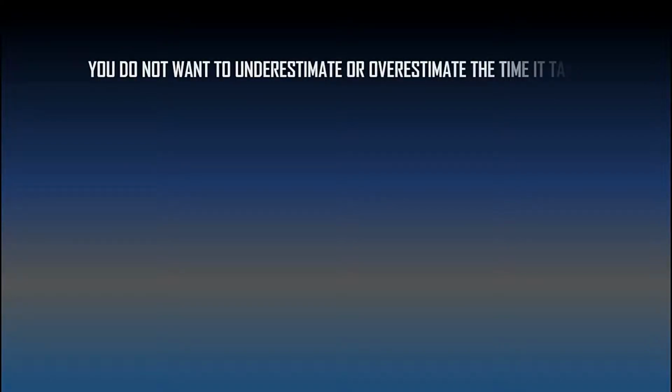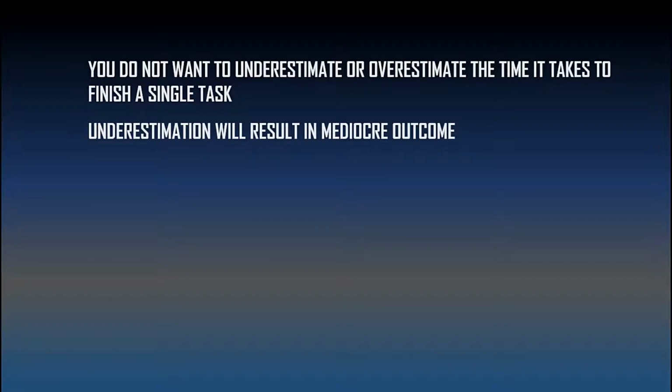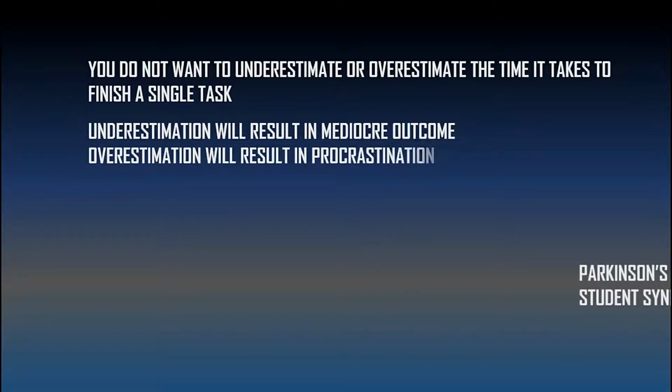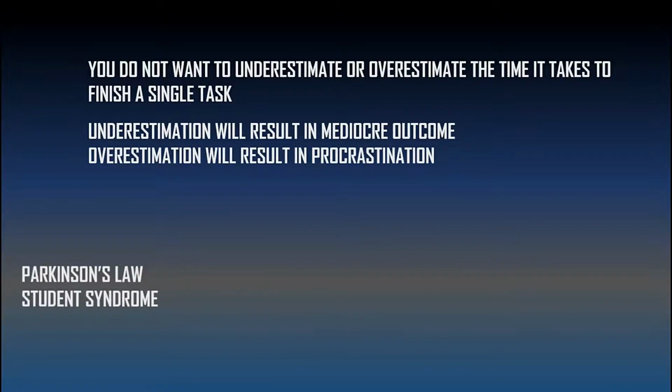Coming up with the time that is going to take to finish a single task is very tricky. You do not want to underestimate or overestimate the amount of time it will take to do something. Underestimation of the task will result in a mediocre outcome because the employees are going to be rushing to finish the task. But overestimation of the task will result in procrastination.